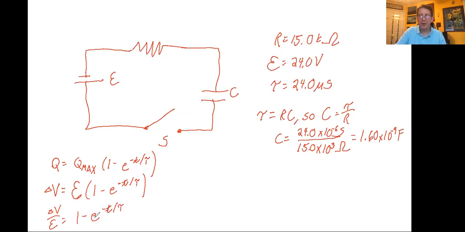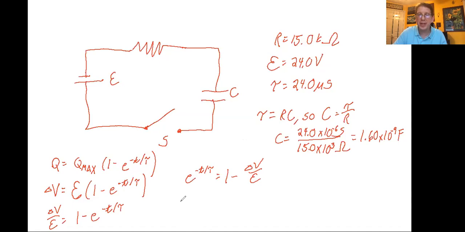So we can add this term to both sides and subtract this term from both sides, so that we get e to the minus t over tau is equal to 1 minus delta V over fancy E. Now we take the natural log of both sides. So we're kind of working backwards from our derivation.